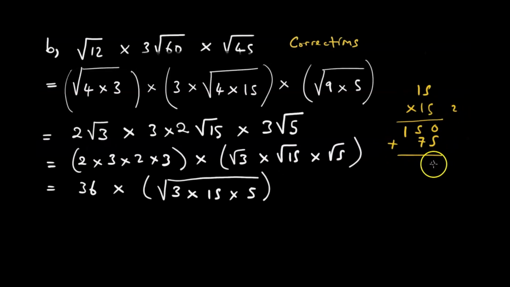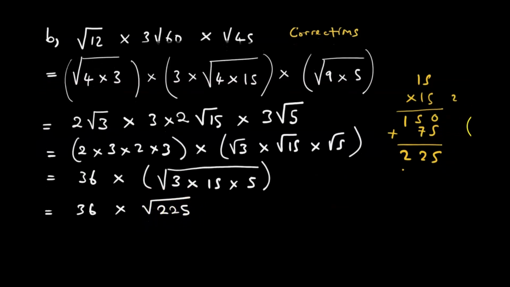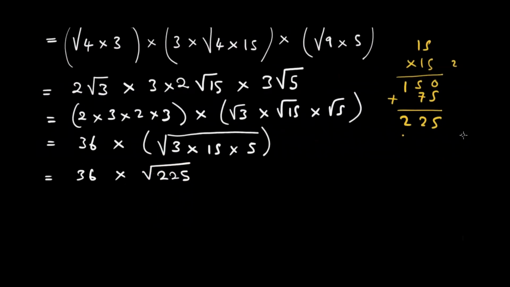If we add this, it's 5, 7, 8, 9, 10, 11, 12. So 2 carry 1. So it's actually 225. So here we have 36 multiplying the square root of 225. But the number 225 is very fishy.